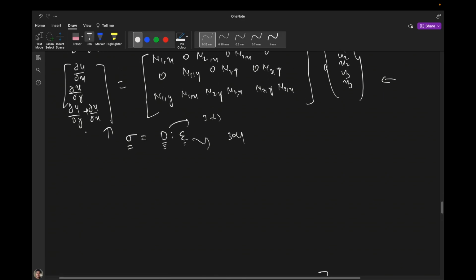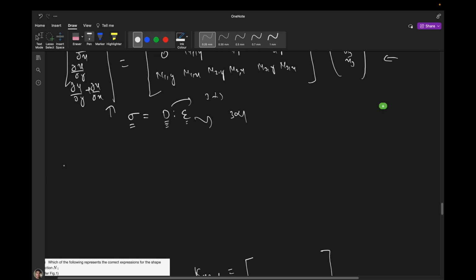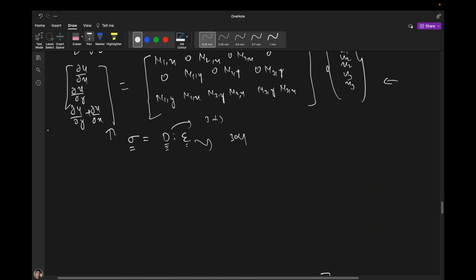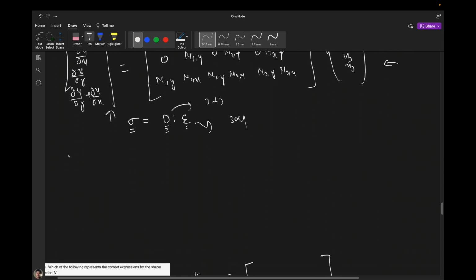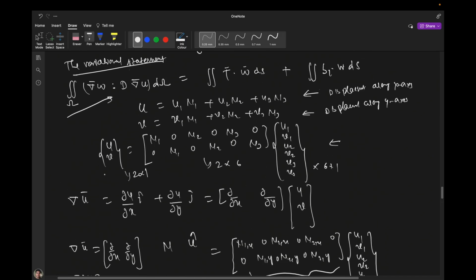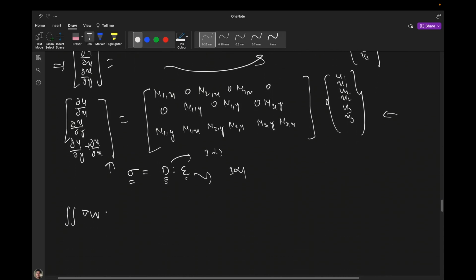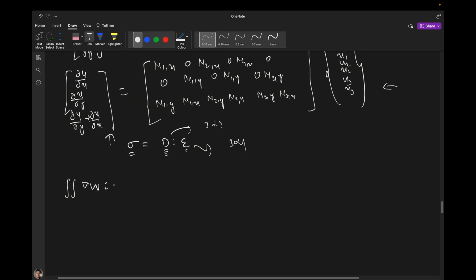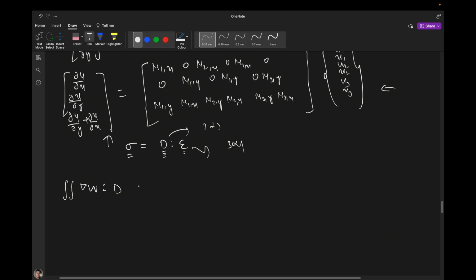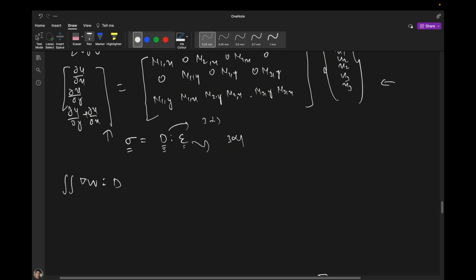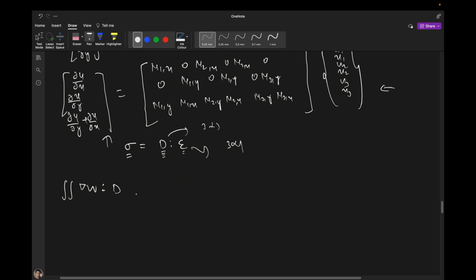So what will be that? That will be simply that whole integral, the first part. What is the first part? The first part is the double integral del W integral D, and in this case I can write, suppose this is the B matrix.